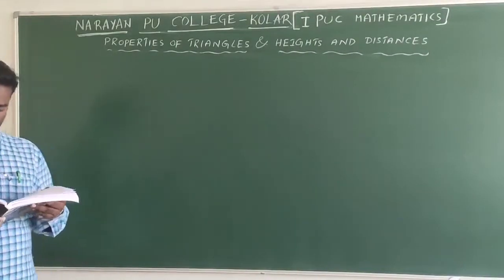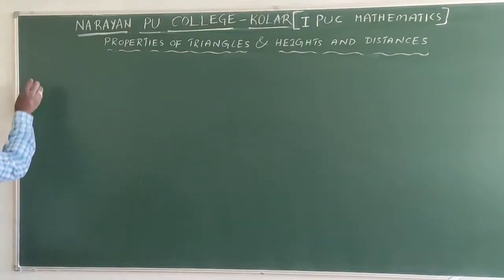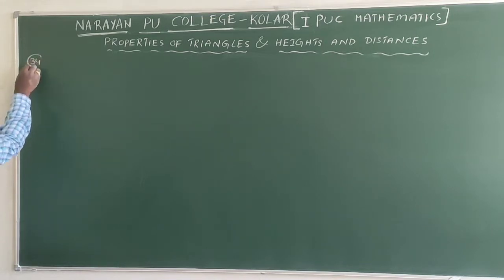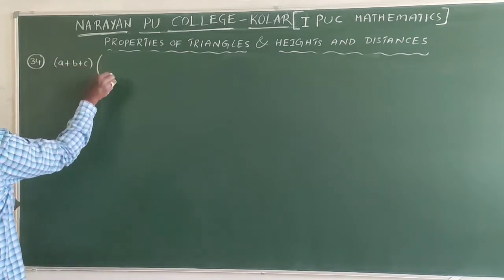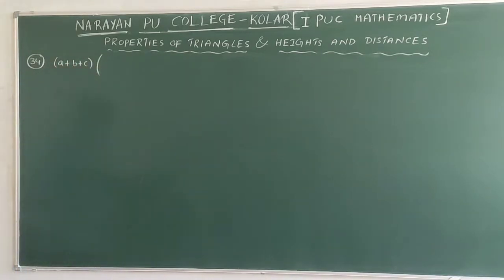Next, question number 34. In triangle ABC, A plus B plus C into tan A by 2 plus tan B by 2.